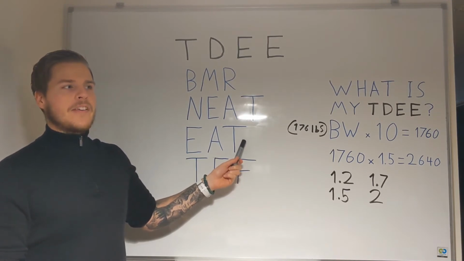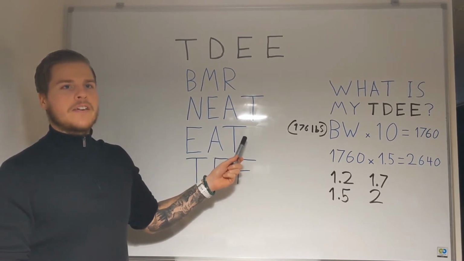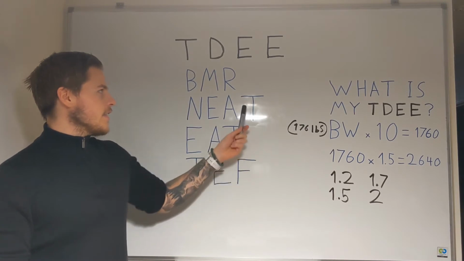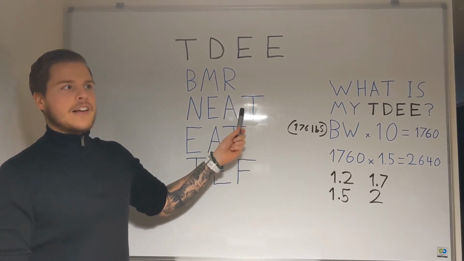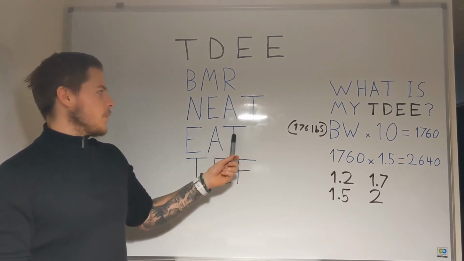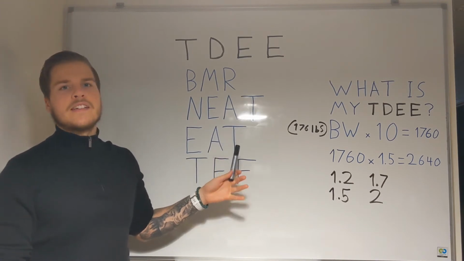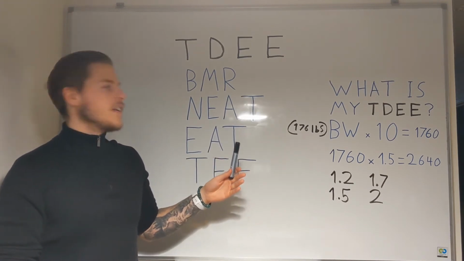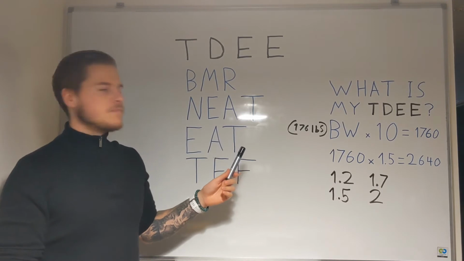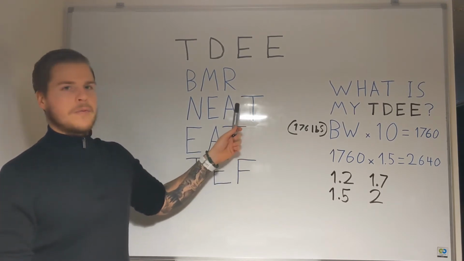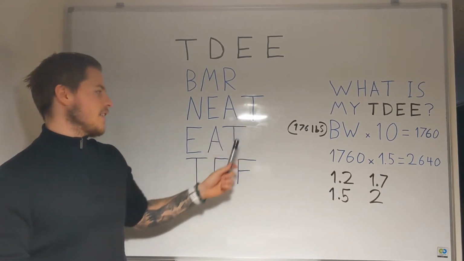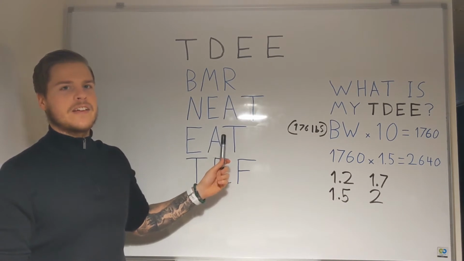People usually underestimate how many calories they're burning during exercise, and the NEAT component is usually about 2 times the amount of our EAT component. Obviously this is going to be way different for different people, but keep in mind that most of our burned calories are actually coming from NEAT and not the actual exercise that we're doing.